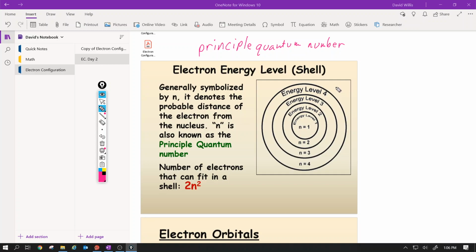Now, like I told you yesterday, all models eventually break down. The problem with this model is that they're not really circles. So these energy levels are not really circles. However, what is correct about this?